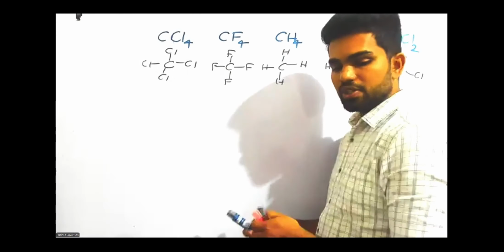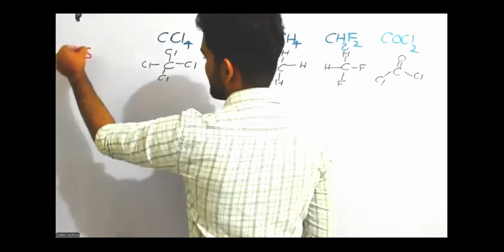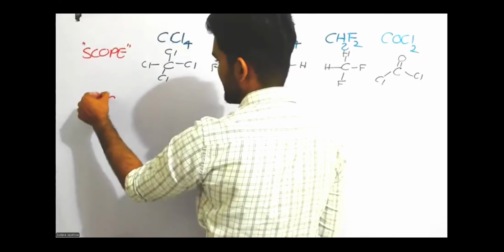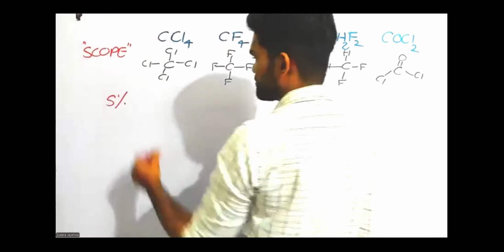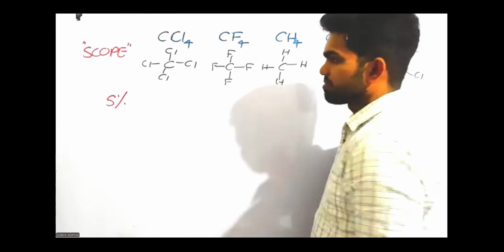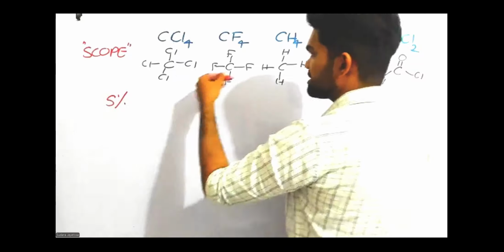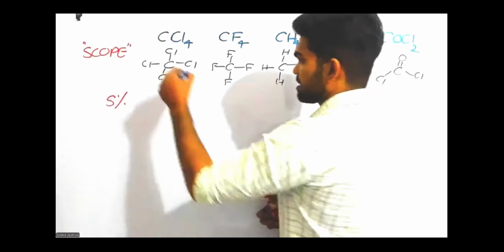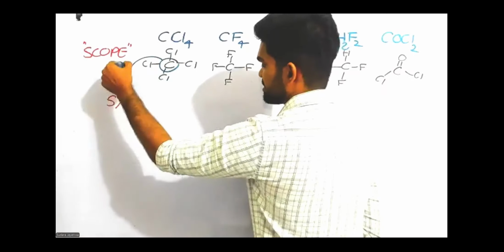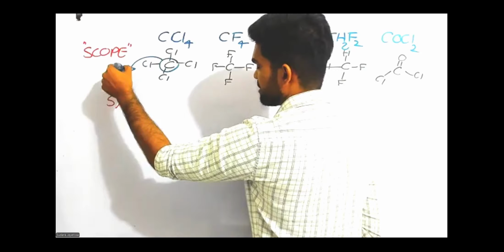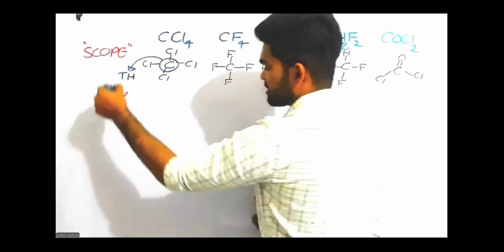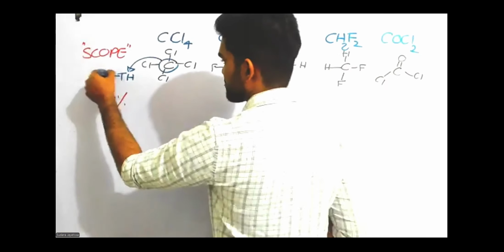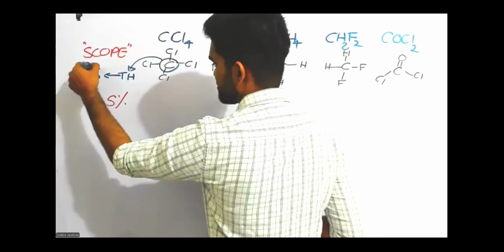In SCOPE, this is our method of comparing electronegativity. What is this S? S stands for the S percentage. So what are the S percentages of these molecules? Here you can see this central atom. Around this central atom, the electron pair geometry is tetrahedral. If it is tetrahedral, hybridization is going to be sp3.